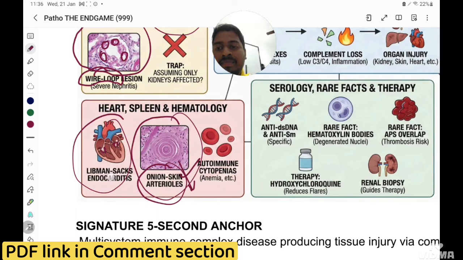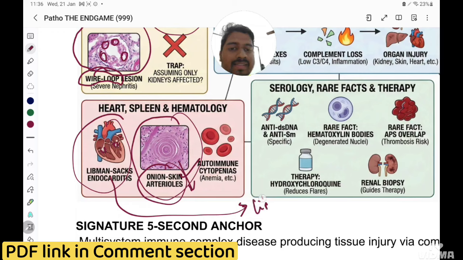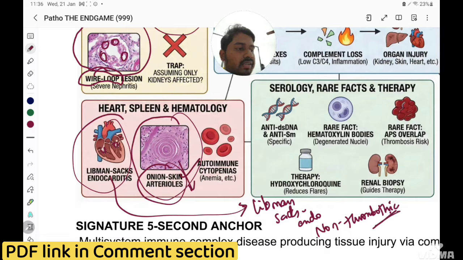This is an immune-mediated valvulitis, known as Libman-Sacks endocarditis. Libman-Sacks endocarditis is non-bacterial thrombotic, immune-mediated endocarditis.